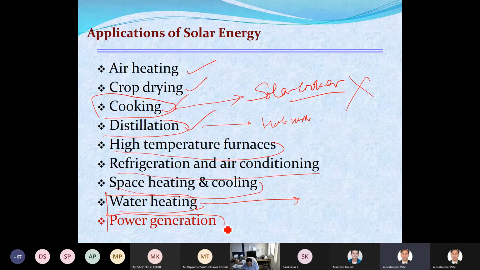Then finally, power generation. Hardly any exists, because nowadays we are talking about gigawatts of solar energy systems, but PV only. We started some plants, and I don't know if they are still working. They may not be working, and they are still under evaluation for years, and I don't know how many years it will take.